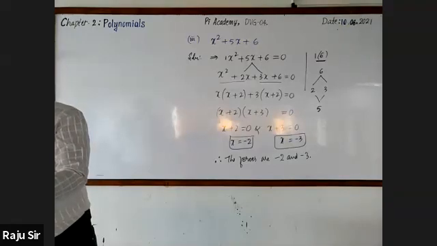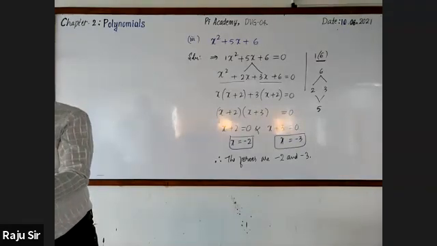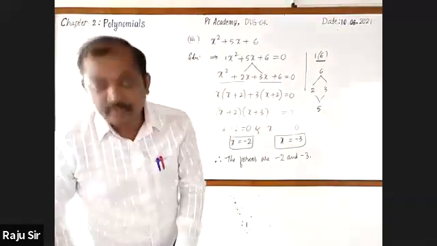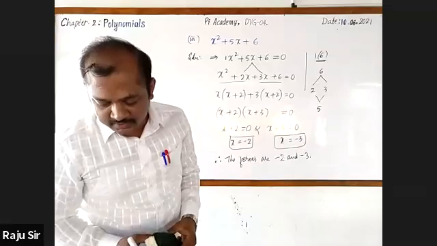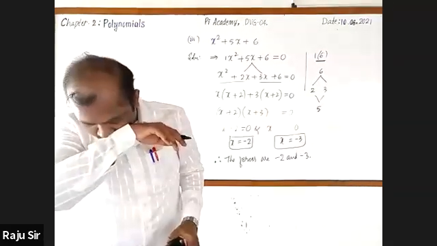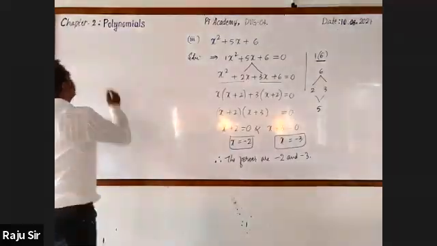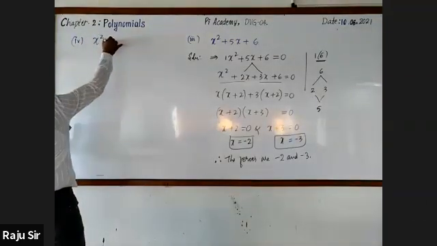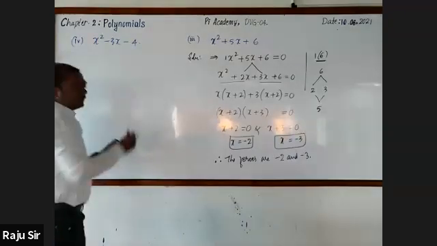Now let me take another example, as given in the textbook only. x square minus 3x minus 4.